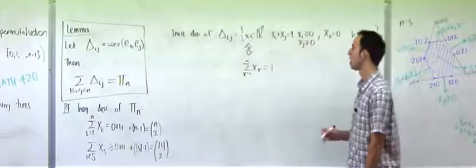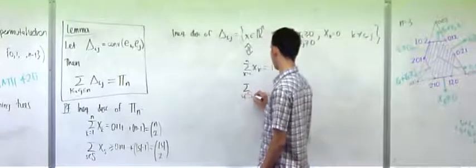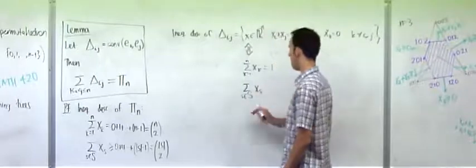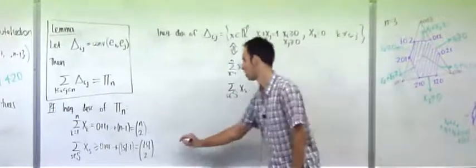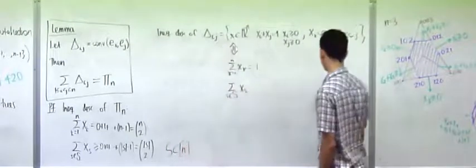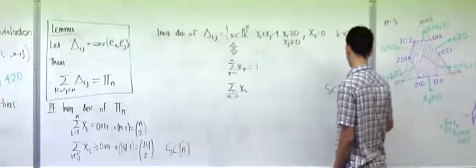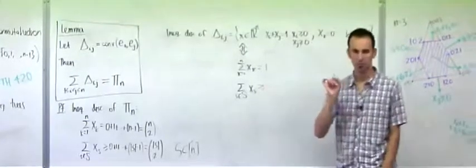Okay. Now, what happens if you take some subset S of 1 up to n, and you add those variables, and this is bigger than or equal to what?